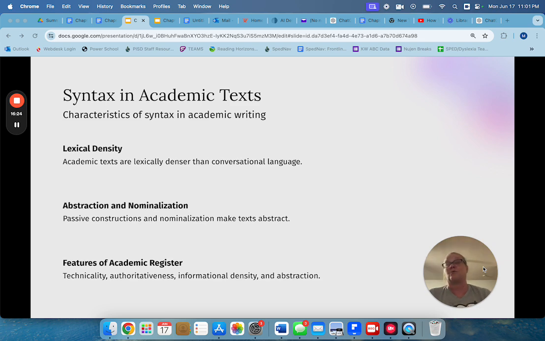It's going to be more formal, which also plays back into that lexical density. Again, some of the features of academic register are going to include being technical, authoritativeness, informational density, and that abstraction.